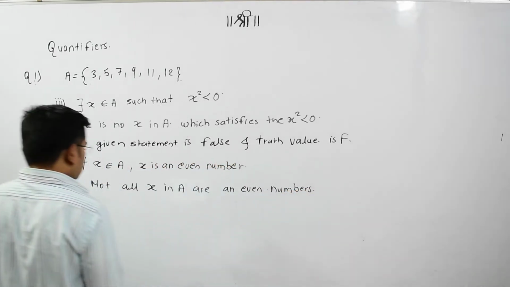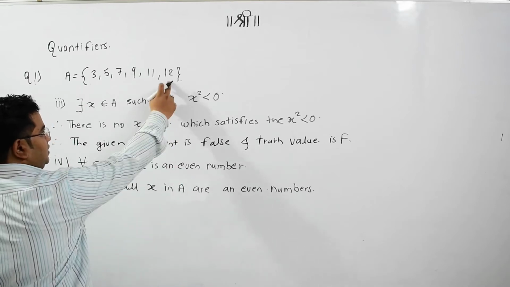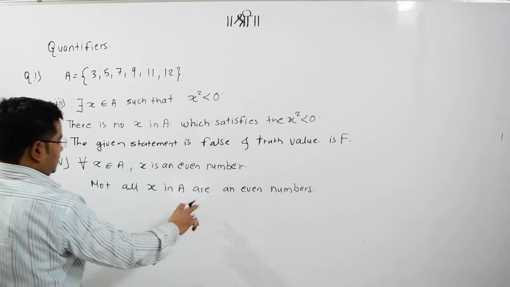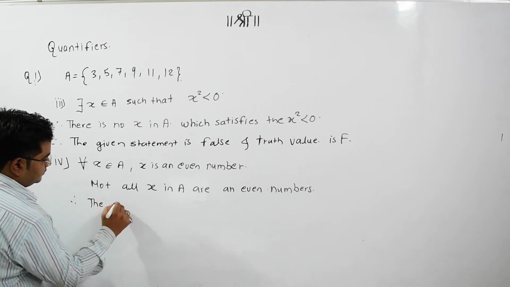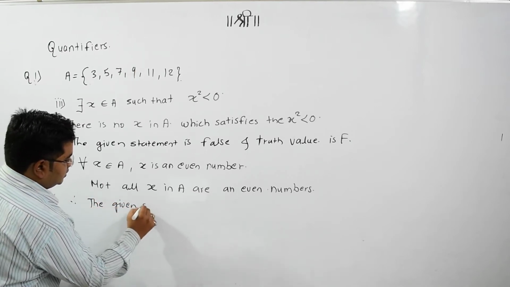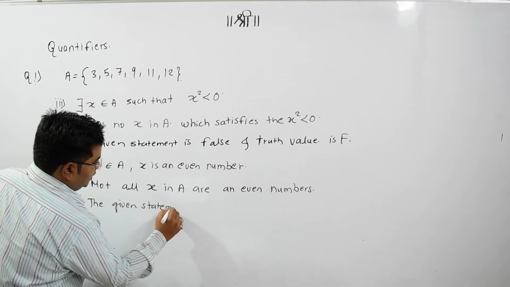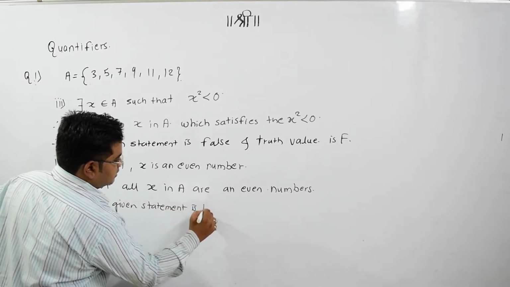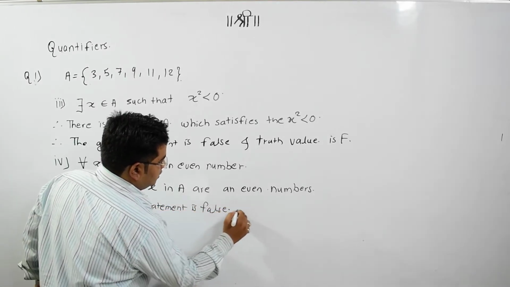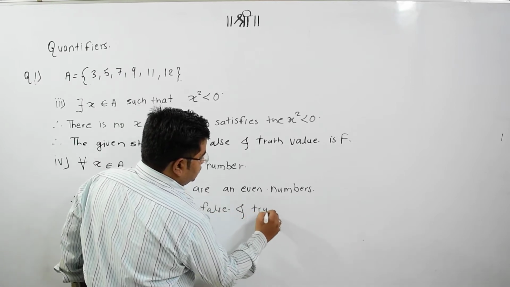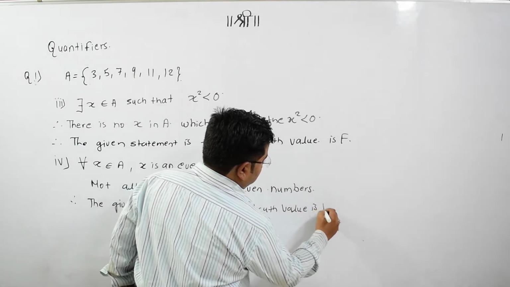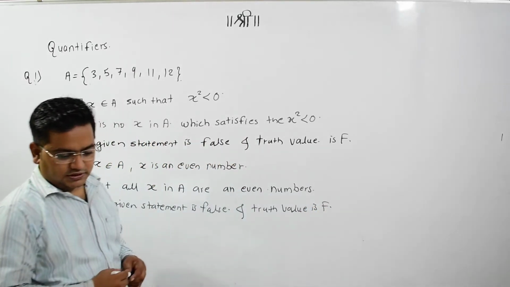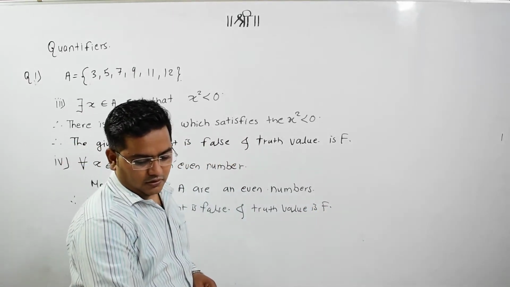Okay, not all, but there is one. That's how we can quantify it, and therefore the given statement is false and the truth value is F. Just check the answer whether I am writing it wrong or right.